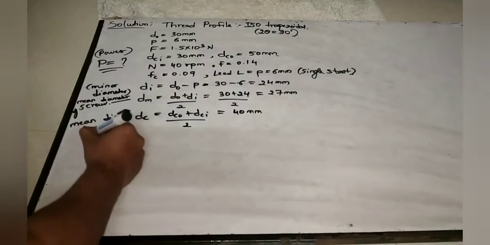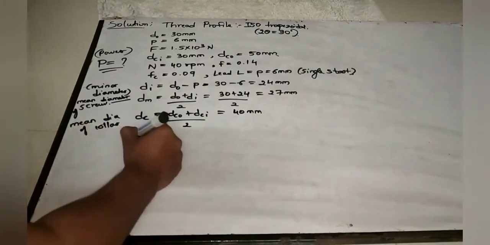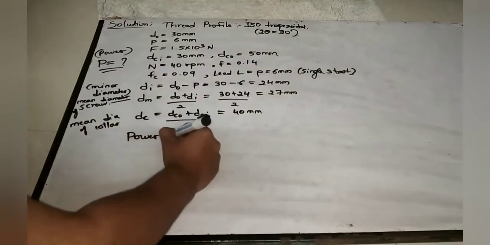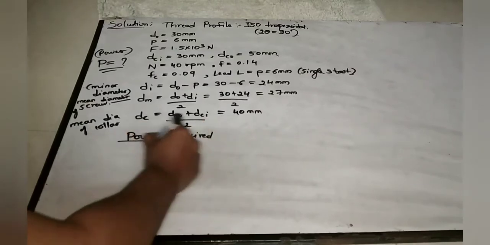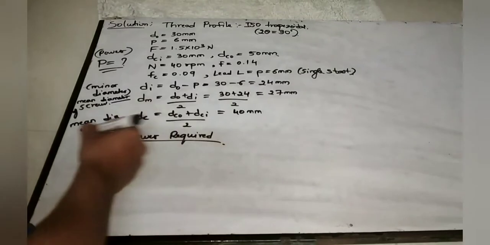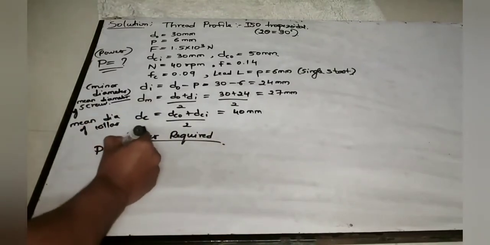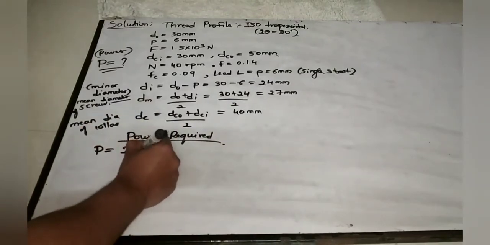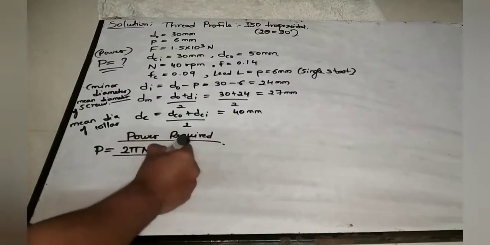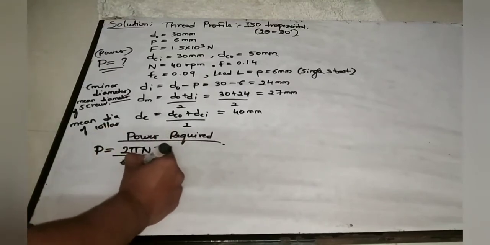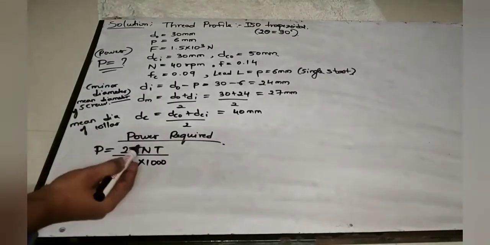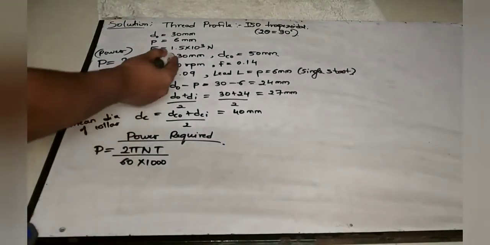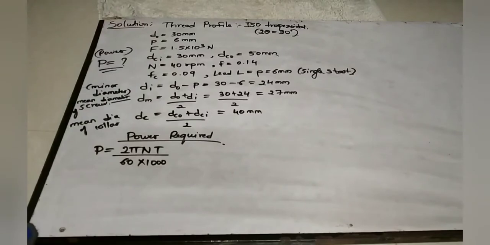So let us come to what they are asking now. Power required. So what is the expression? Power is equal to, you are already aware of this, 2 pi nT divided by 60 into 1000. Now n is given, the RPM of the screw, which is rotating at 40 RPM.